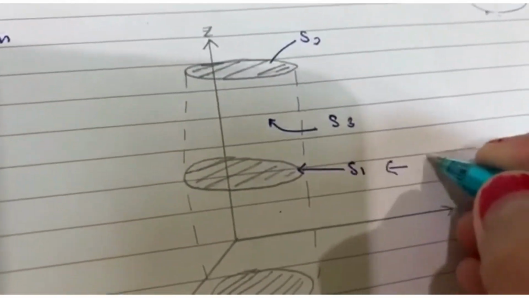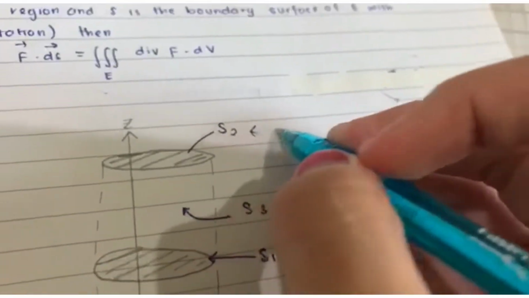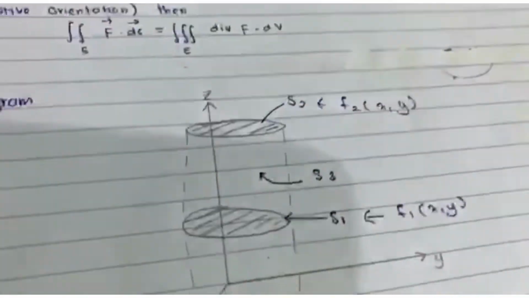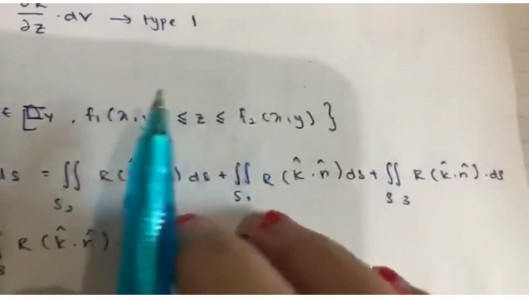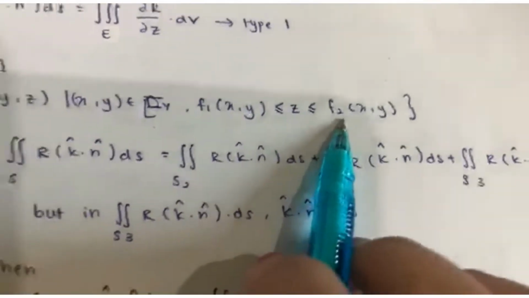We give this one f1(x,y) and this one f2(x,y). So z is between f1(x,y) and f2(x,y).